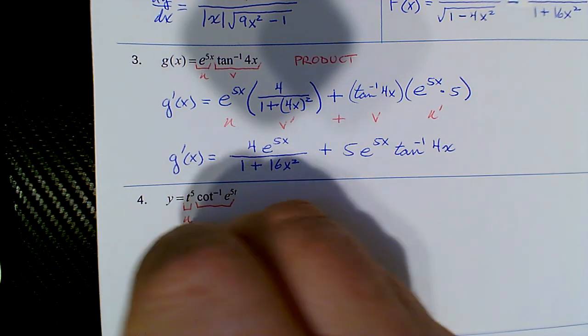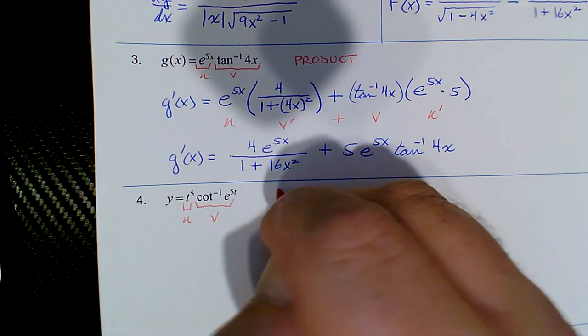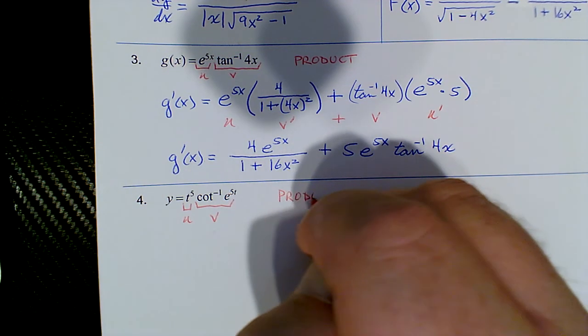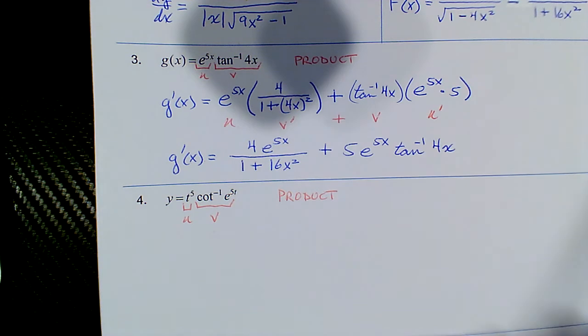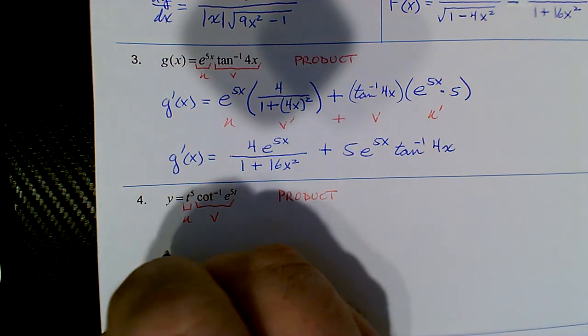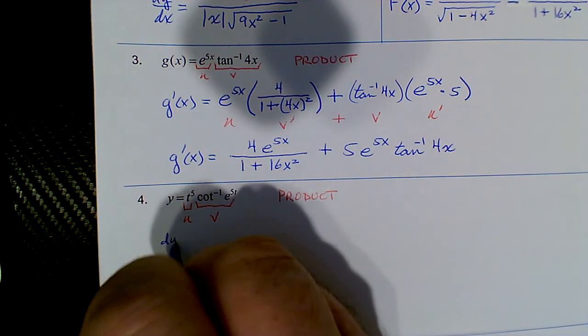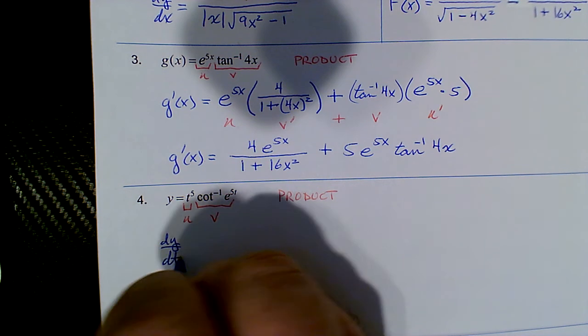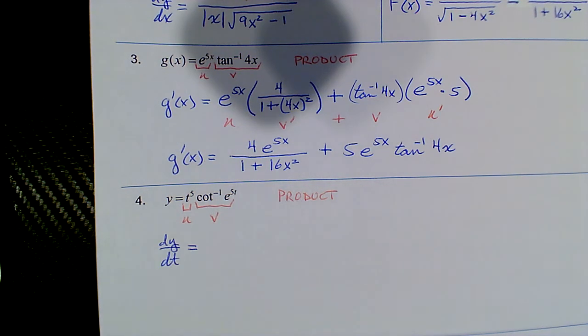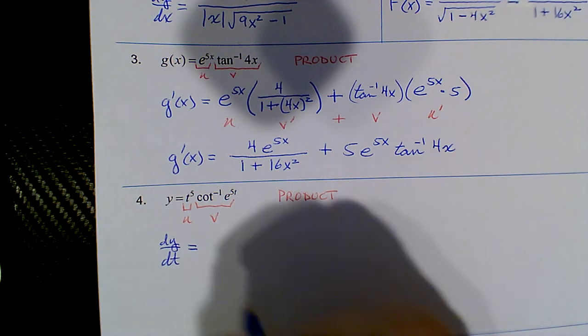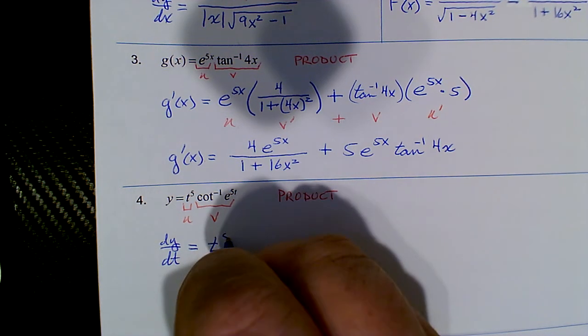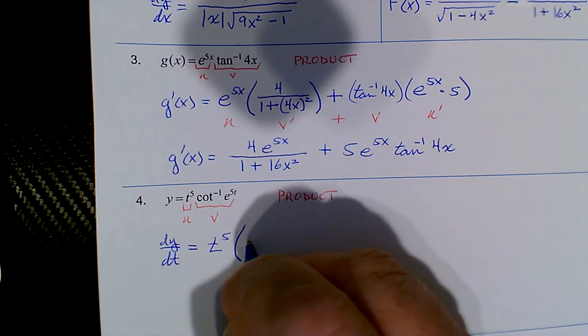So treat them as u and v respectively, and it looks like we're going to need the product rule again. So by the product rule, if you're going to use differential notation, it would be dy dt. And that would be equal to the first factor, t to the 5th, times the derivative of the second.